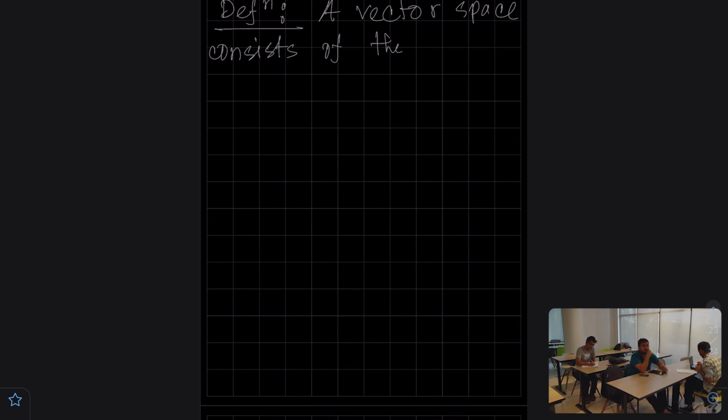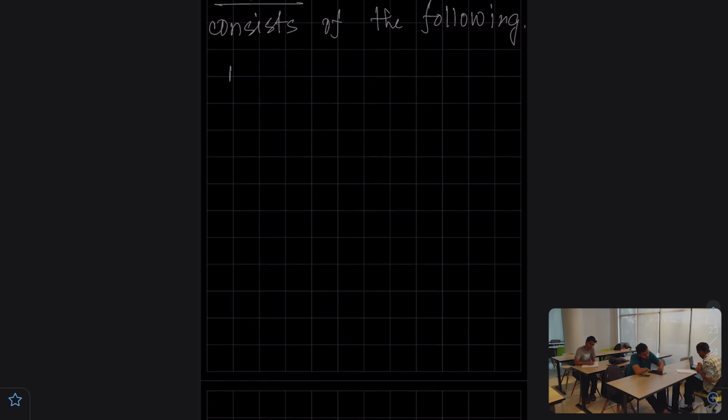A vector space consists of the following. First, a field F of scalars.